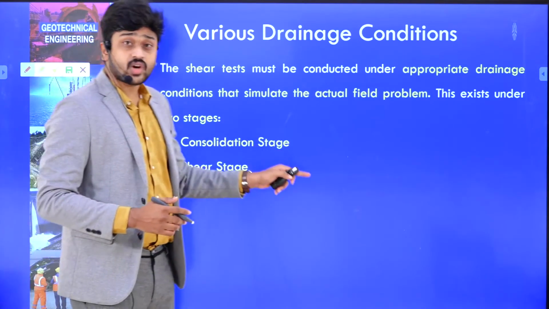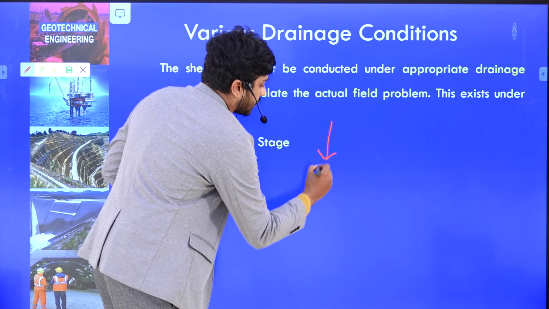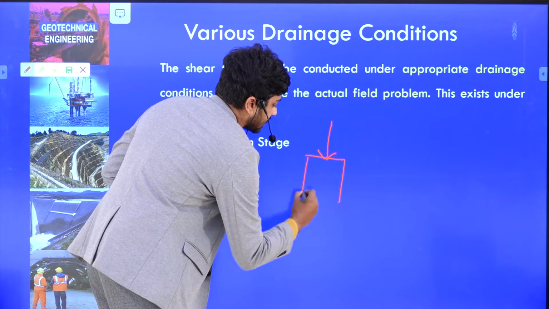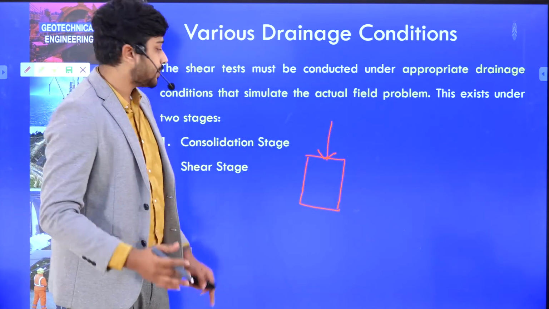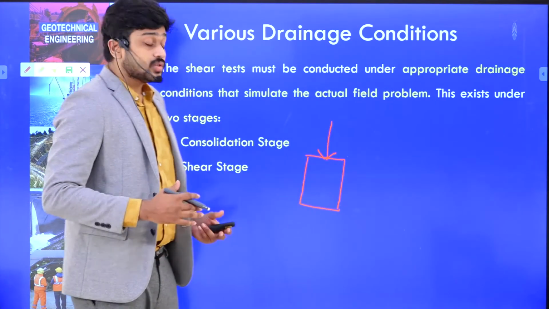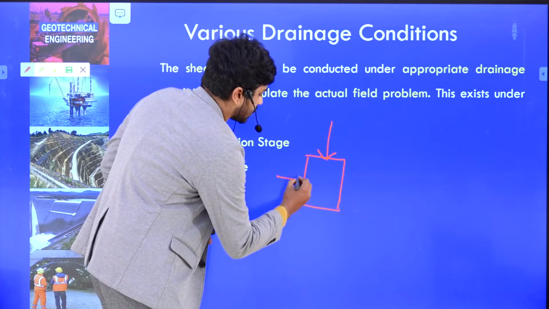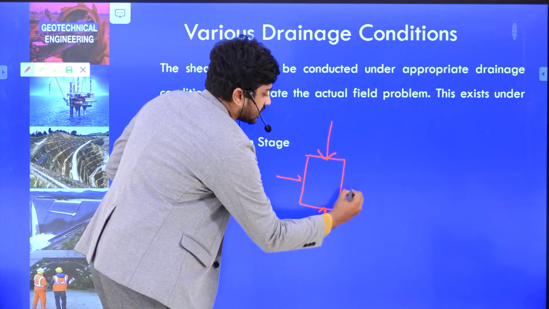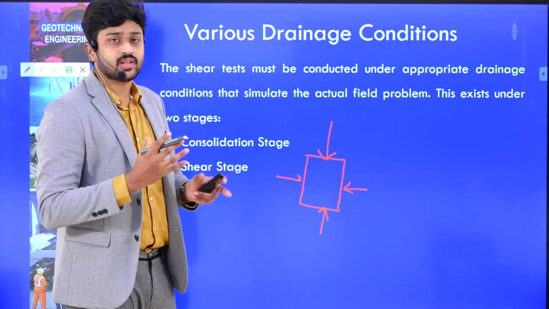So what do we mean by the consolidation stage? Let us say there is a cylindrical soil sample, and on it, in the initial stage, stress is applied in all the directions.